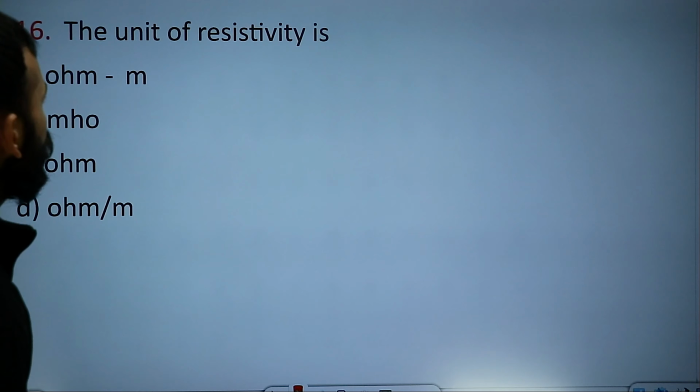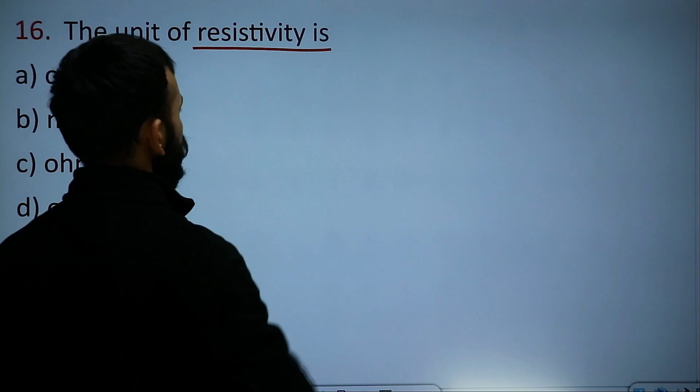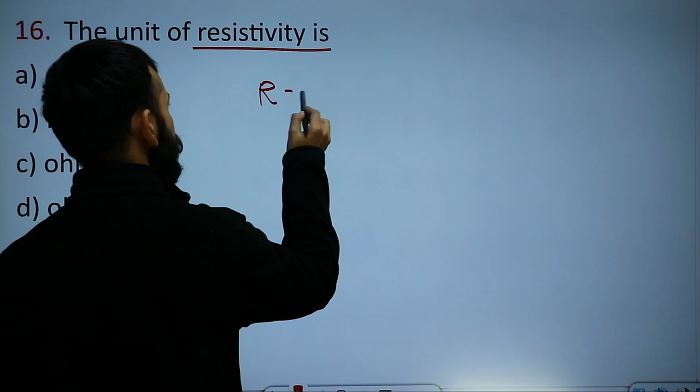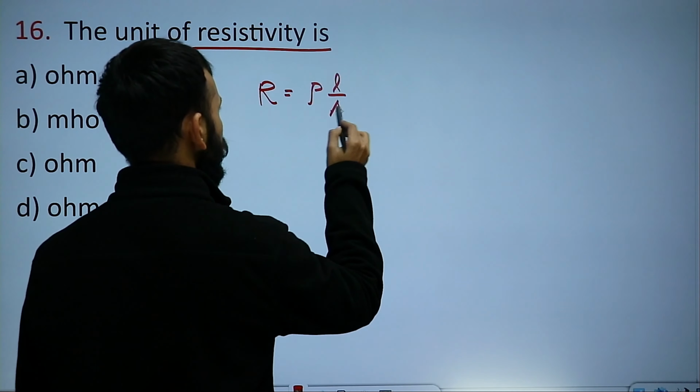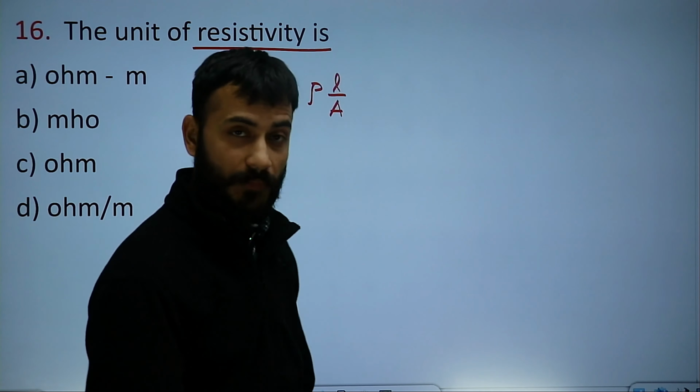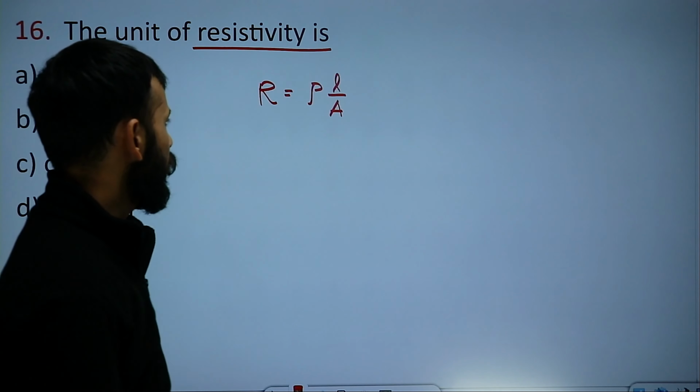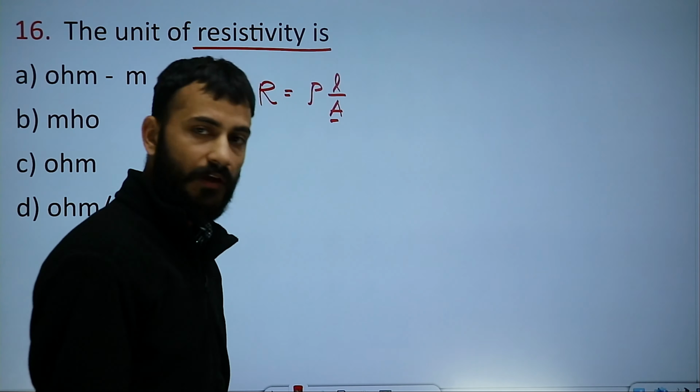Next, the unit of resistivity. We already talked about that resistance is equal to rho L by A, where L is the length of the conductor and A is the cross-sectional area of the conductor.